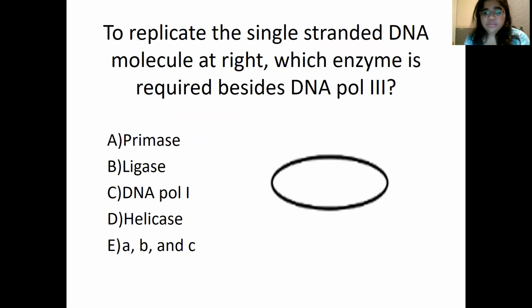What else do we need? So we can knock out helicase because that doesn't come into play in this case. Because it is already single-stranded, you do not need helicase to open up anything. It cannot open anything in single-stranded DNA. So that's out.